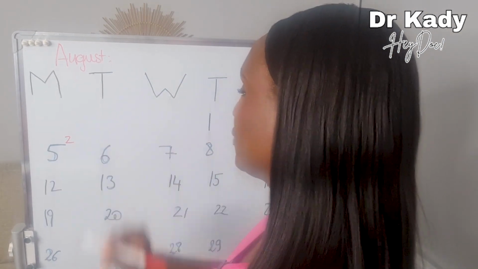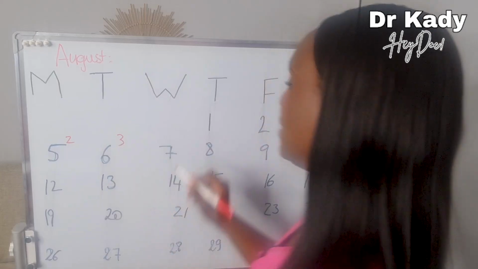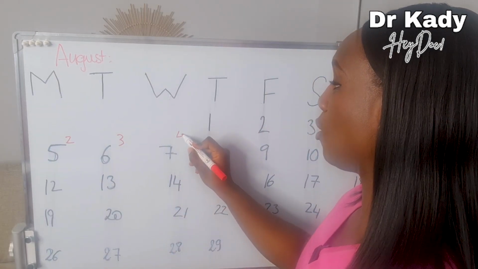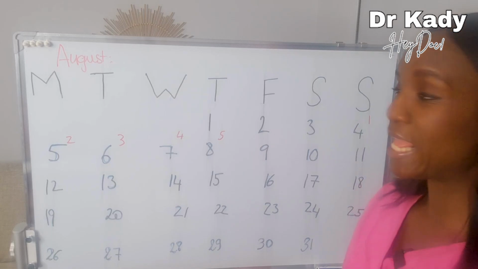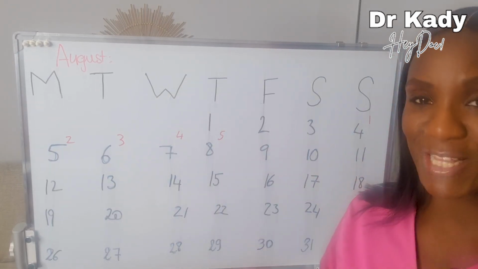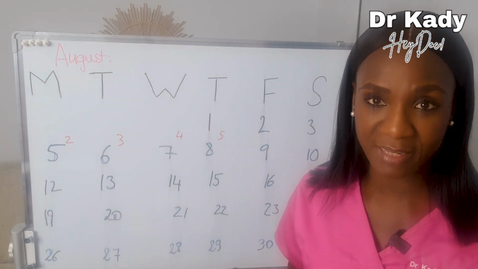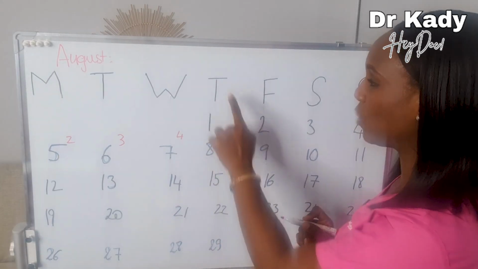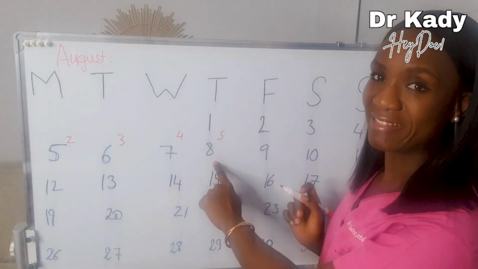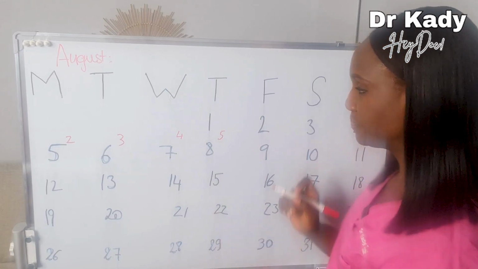Your day 2, you're still bleeding. Day 3, blood. Day 4, more blood. Day 5, more blood. And for you, the last day of your period bleed will be on your day 5, which is on Thursday, the 8th of August.